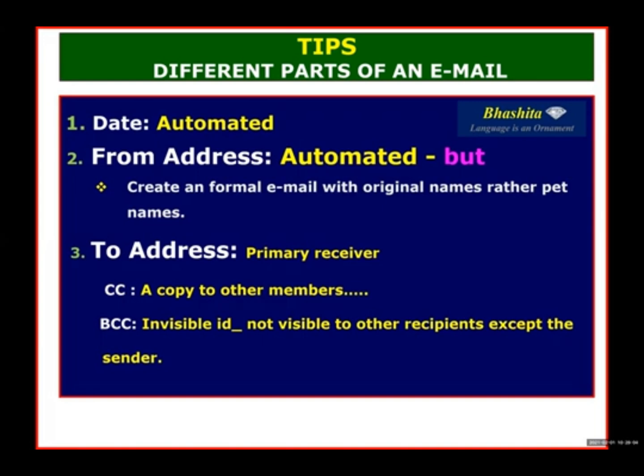You can mention those email IDs under CC. CC stands for carbon copy. BCC stands for blind carbon copy. That means if you would like to send the same email secretly to the higher authority, where the recipients in to address and CC should not be aware of it, you have to mention their email IDs under BCC. Okay, I have already explained all these things.